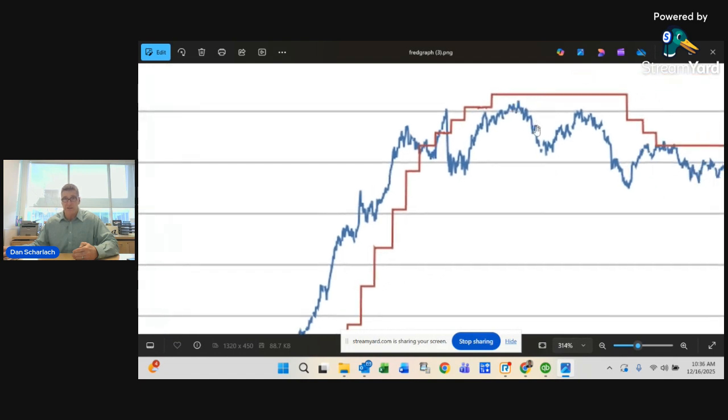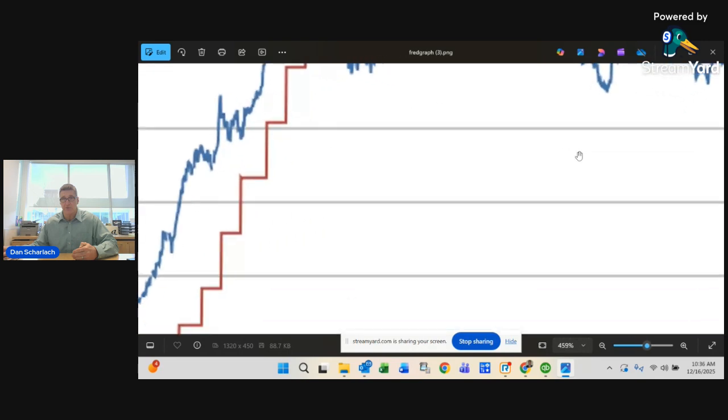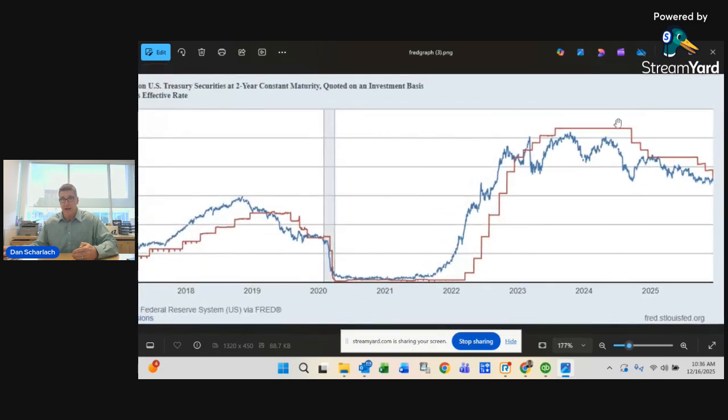Now, there was a time period here where the Fed didn't lower, but interest rates came back up, and eventually, once the 2-year did lower, the Fed funds rate did start to lower. You can see right here in the middle of 2024 that happened.